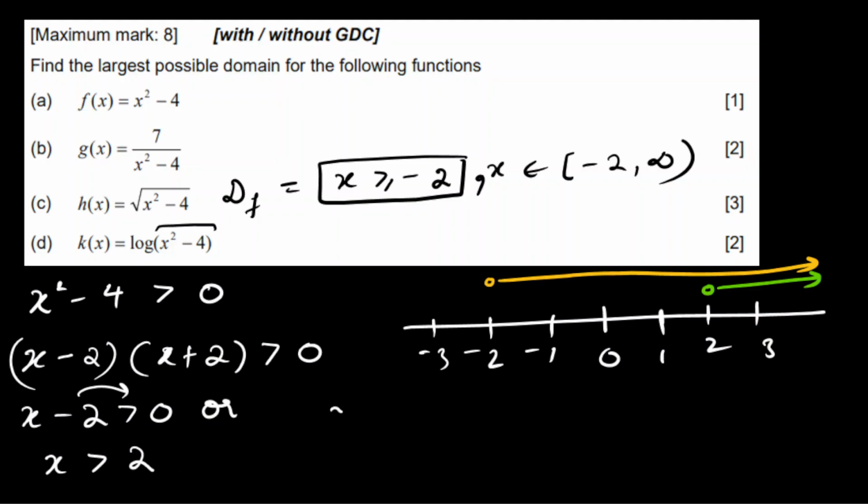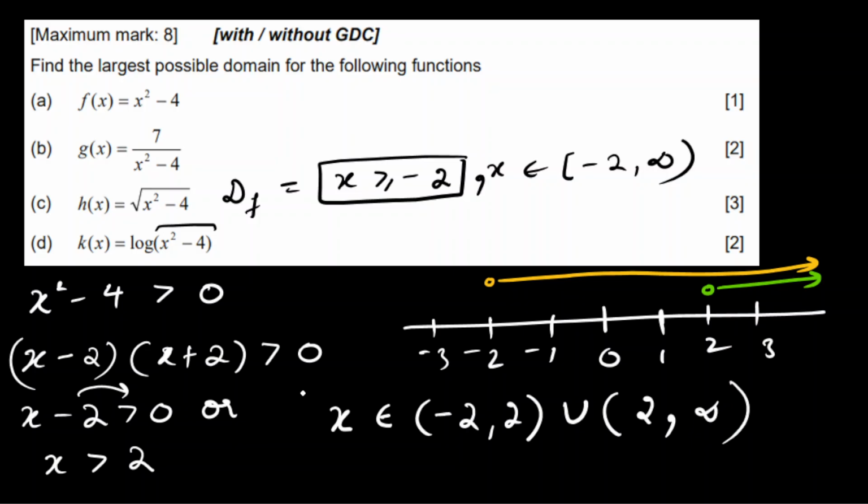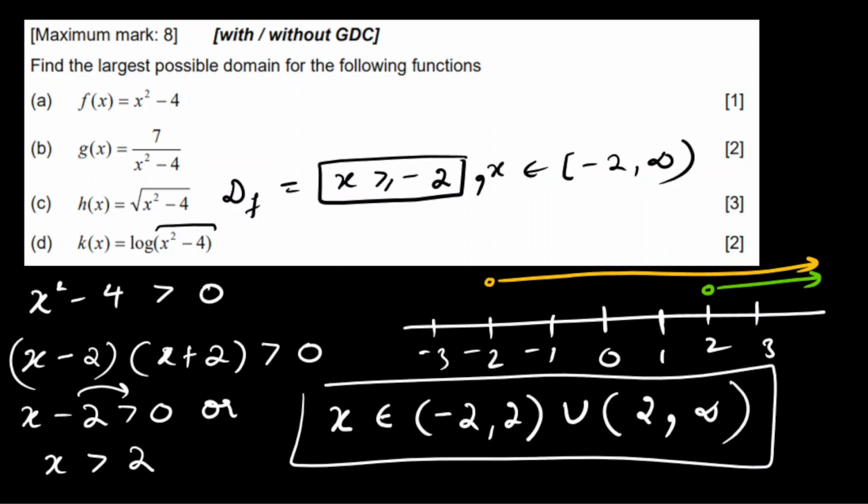We'll write x belongs to negative 2 to 2, with open brackets, not closed ones. Then union, then 2 to infinity. So this is the solution set of this type of function.